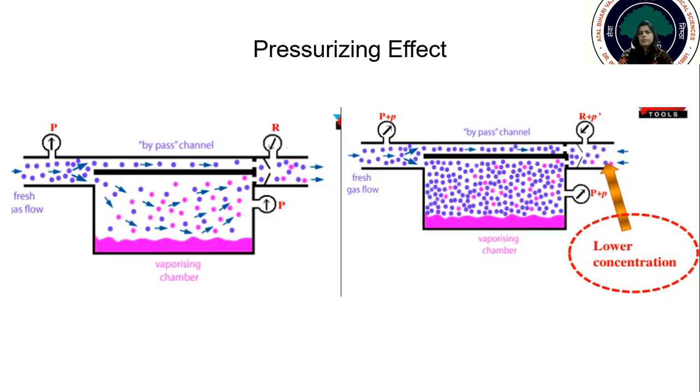So what will happen once the pressure is released here? The gas will expand and come here to the outlet and it will be saturated with the vapor molecules which are available, and there will be dilution and ultimately a lower concentration will be delivered at the outlet. This is known as pressurizing effect.